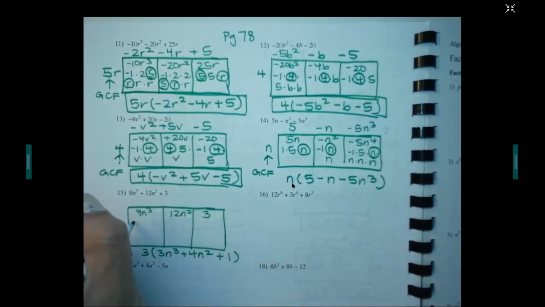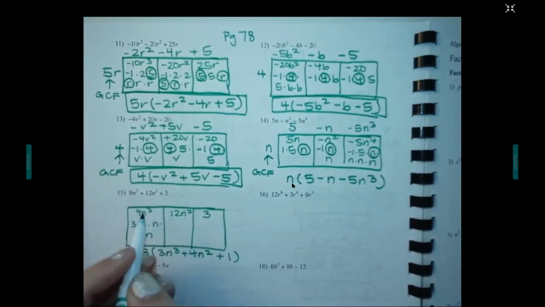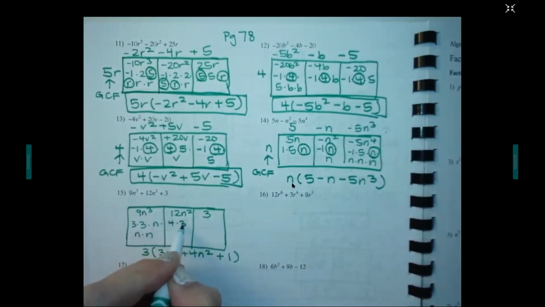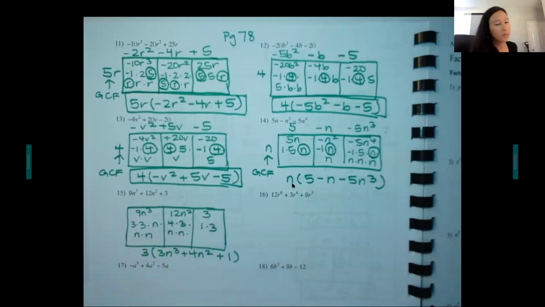3 times 3, n times n times n. Yep. And then 12 would be 4 times 3 times n times n. Yep. And 3 would be 1 times 3. Excellent. And then what would I circle?